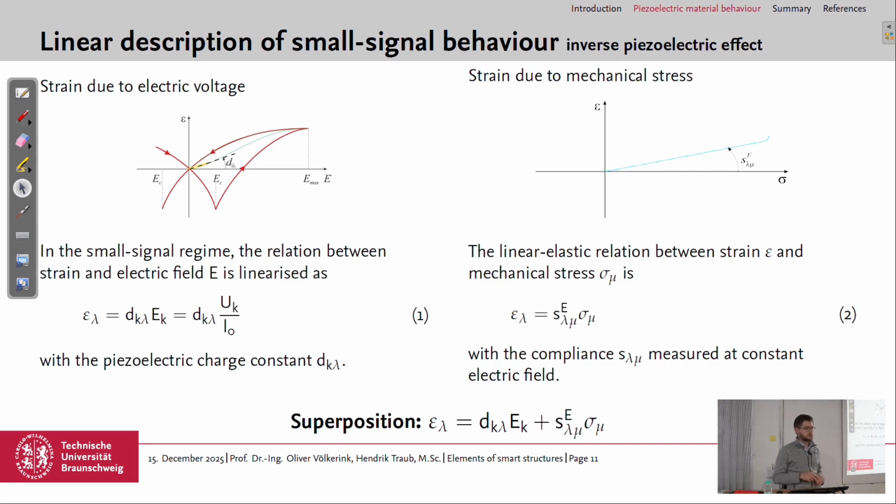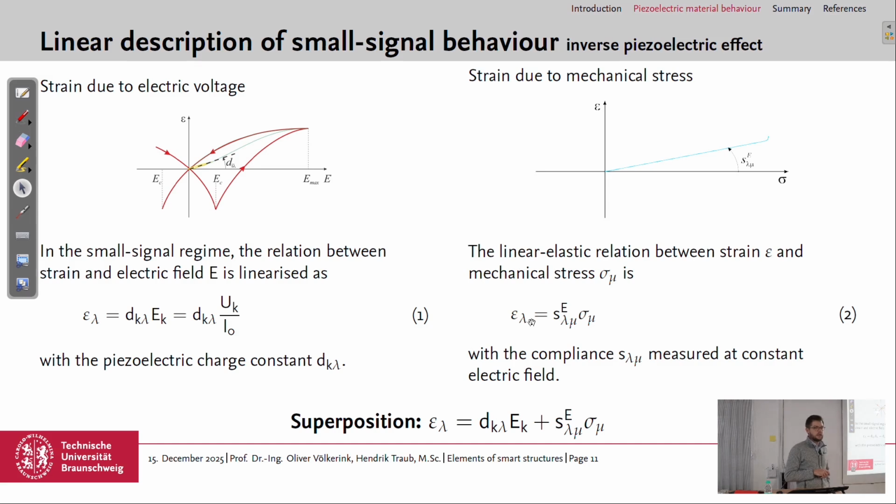inverse piezoelectric effect. And then we also have strains due to mechanical stress, which we also linearize. There we have the mechanical stress sigma mu, which is applied to the ceramic. And this is coupled with the compliance at a constant electric field to the strain, also in the direction lambda.